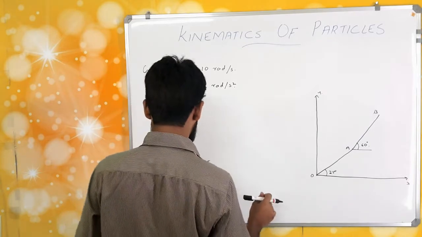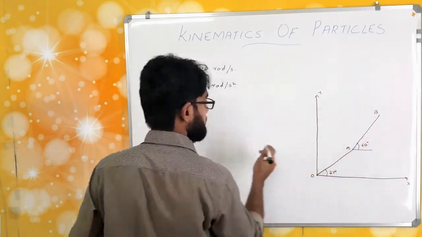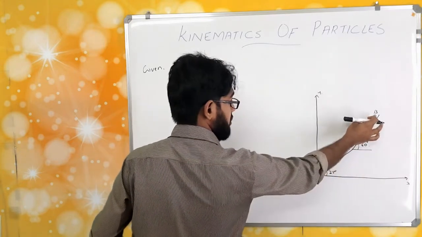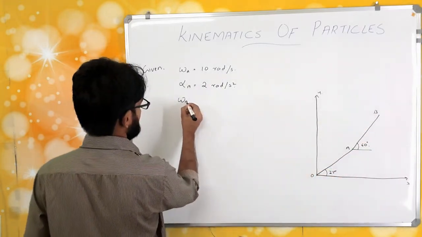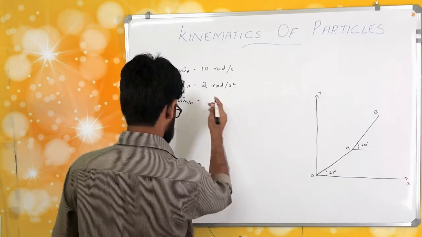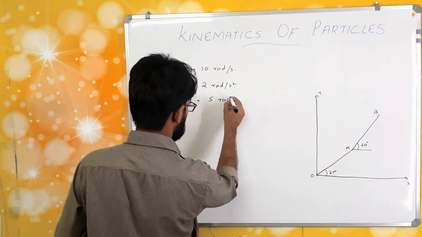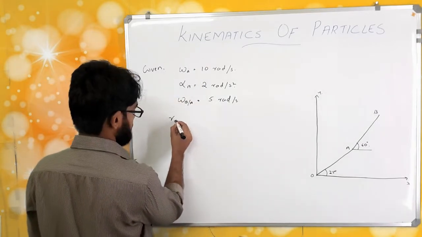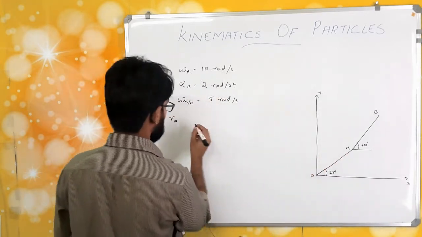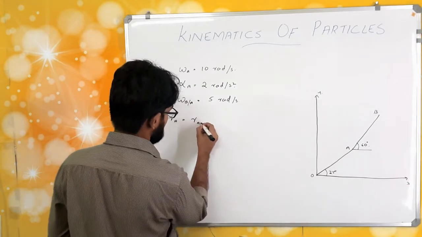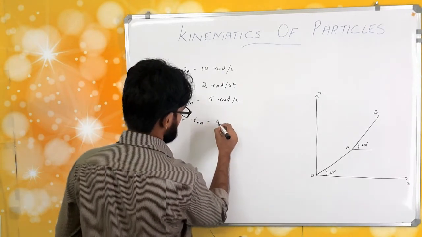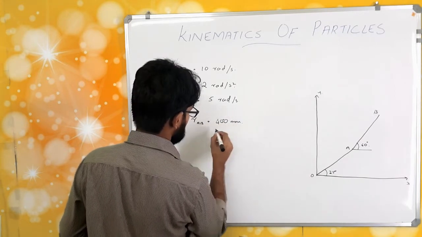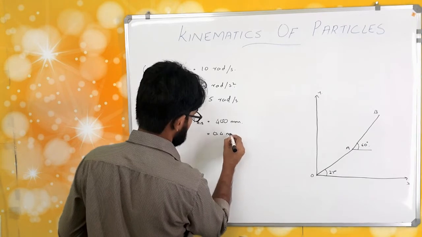Then the angular velocity of B with respect to A is given to you as 5 radians per second, and R OA is equal to R AB is equal to 400 millimeter or 0.4 meter.